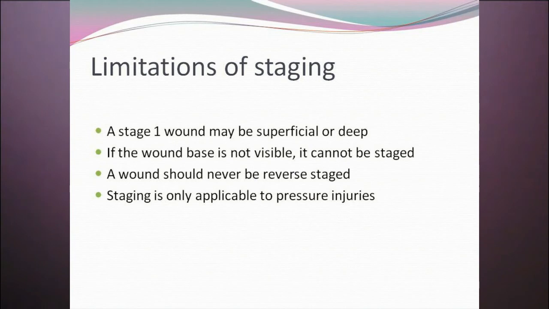We never reverse stage wounds. If you have a wound that you have identified as a stage 3 pressure injury, and you have developed your plan of care, and you are continuing with your interventions, and you see that the wound is improving, the wound is becoming more shallow, the wound is decreasing in size, the patient seems to be improving as well, we would not reverse stage that wound.